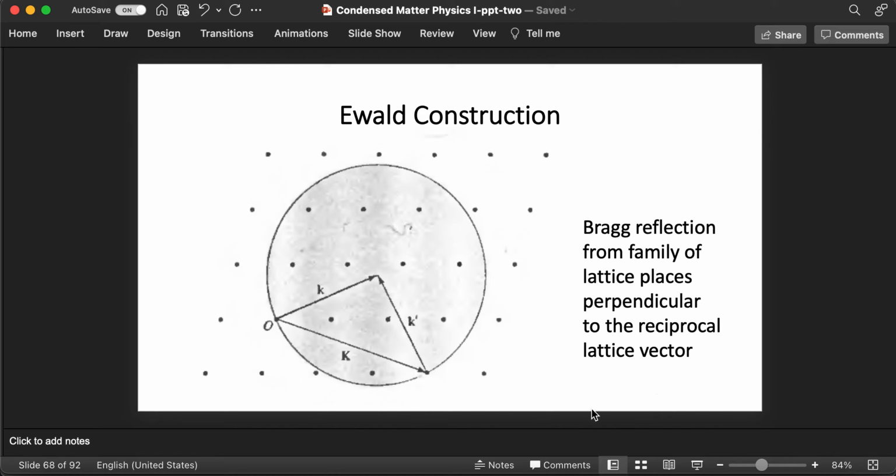Only then will you have Bragg reflection from the family of lattice planes perpendicular to the reciprocal lattice vector. Once this condition is satisfied, all Bragg planes that are perpendicular to this reciprocal lattice vector capital K will give you constructive interference.